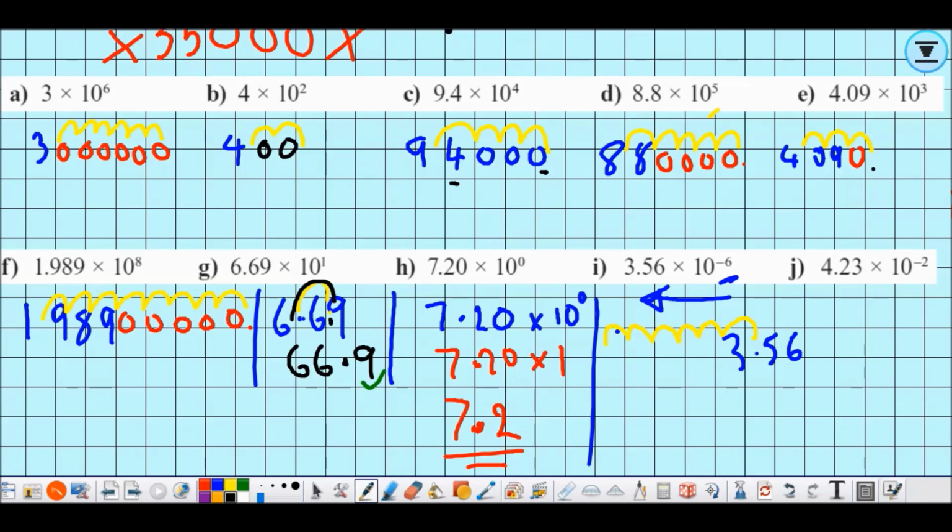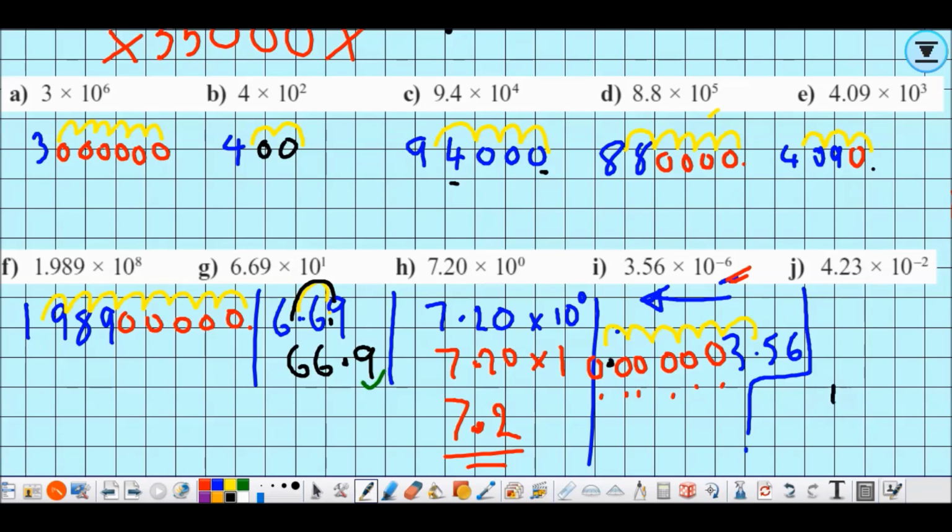So my decimal point is going to move to that point just there. So let's fill in the place values. 1, 2, 3, 4, 5. And remember, I need to start it with a 0. And you can see -6, and I've got 1, 2, 3, 4, 5, 6 zeros. So for the negative values on standard form, it will always match.